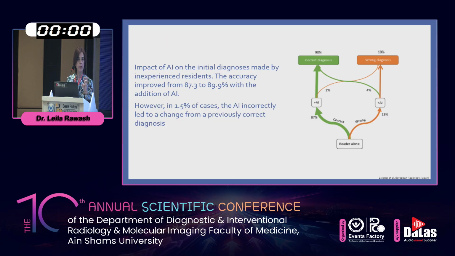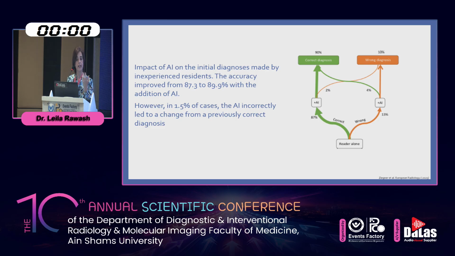This is a bit of a scheme here. It shows how AI should help us. A radiologist will look and say it's so many percent right. Sometimes AI will look at an image and give you, like the one before, the question mark. It may help you to further diagnose it, but sometimes it confuses you.